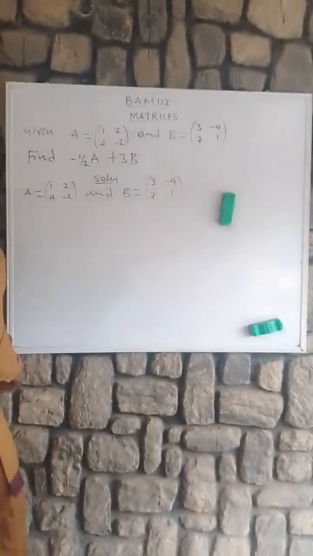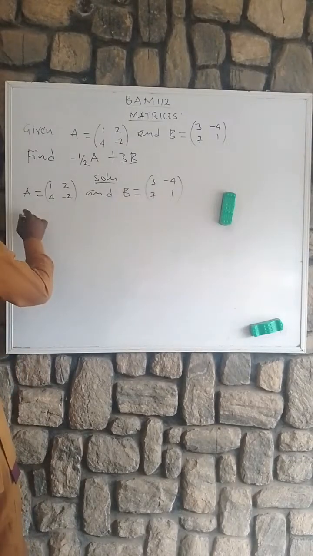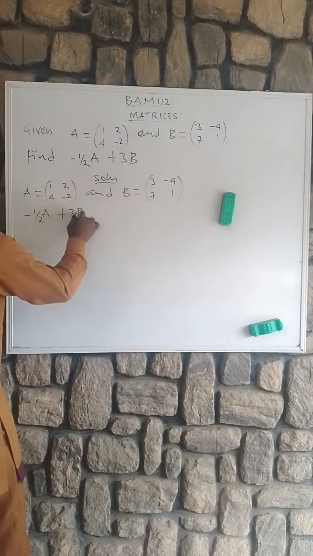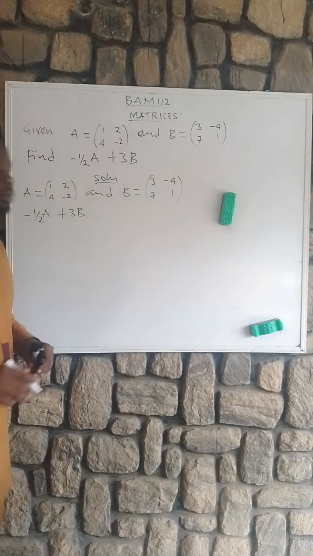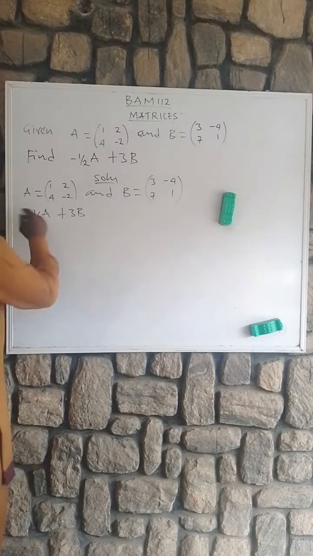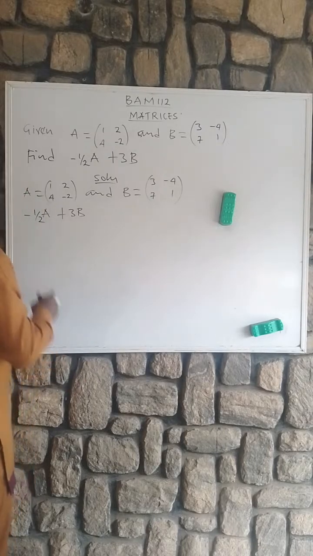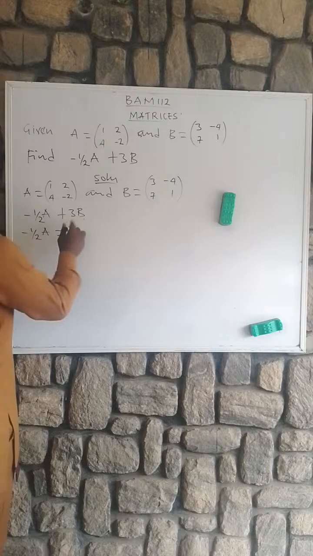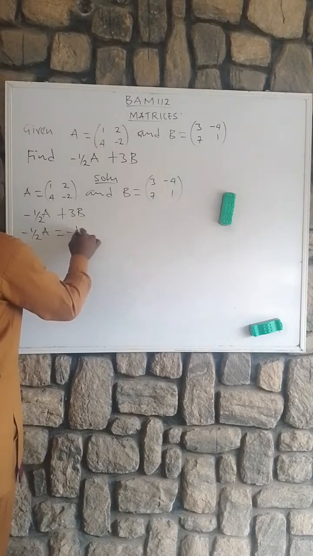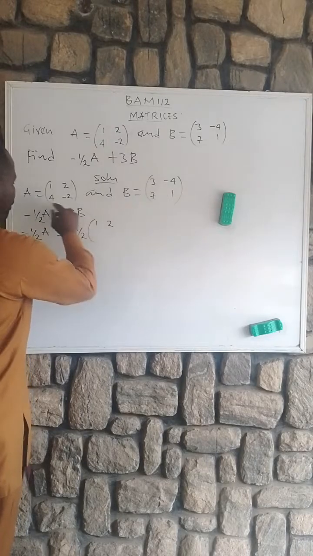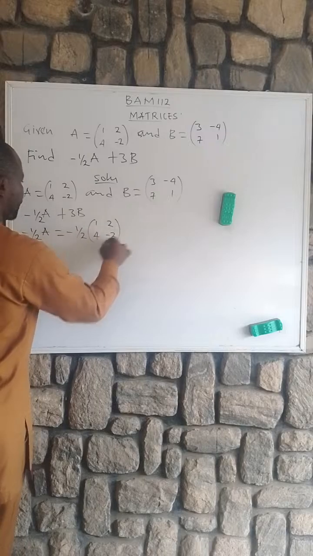If we are to find -1/2 A + 3B, first consider the first example we solved. Consider -1/2 A. It means use this minus to multiply matrix A, so -1/2 times [1, 2; 4, -2].